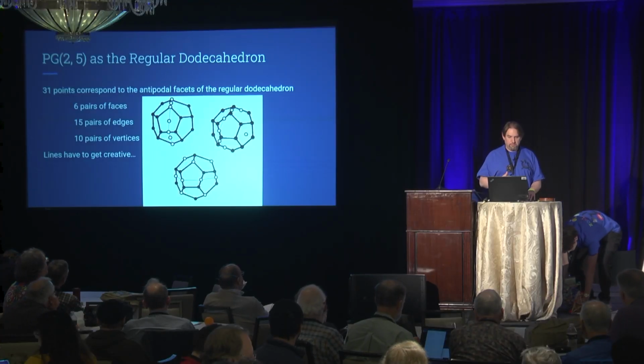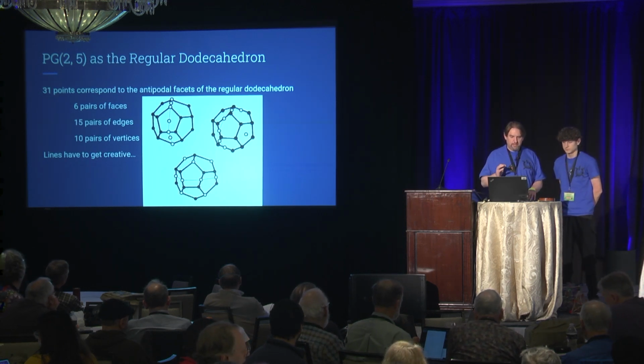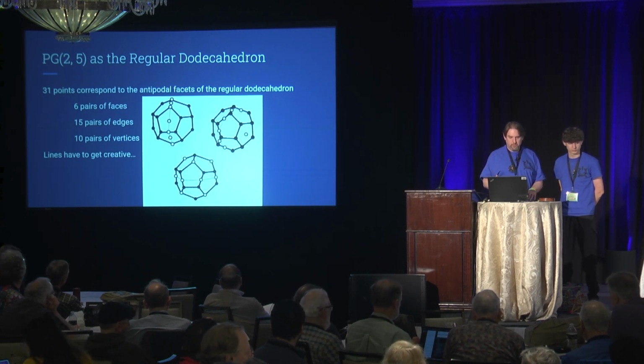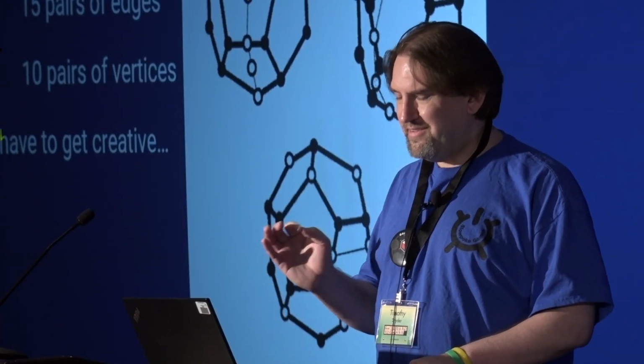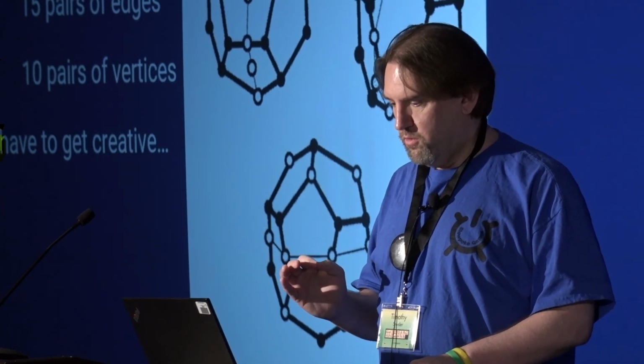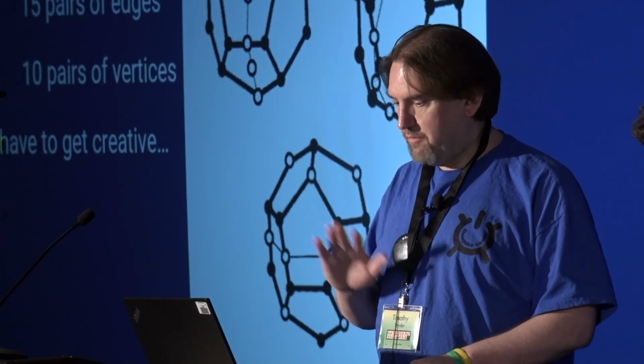Now, if we go up to PG(2,5), there's a mapping to the regular dodecahedron. Unfortunately, it doesn't map quite as nicely. So we have 31 points corresponding to the facets of the regular dodecahedron: 6 pairs of faces, 15 pairs of edges, 10 pairs of vertices. But lines, you have to get a little creative. So for face-centered lines, everything works out fine.